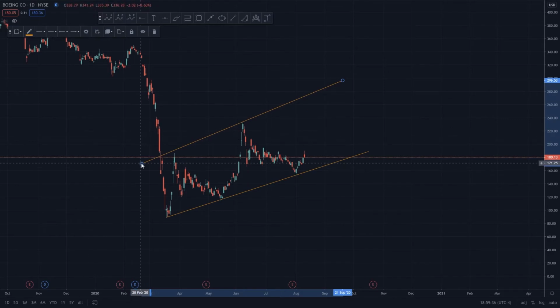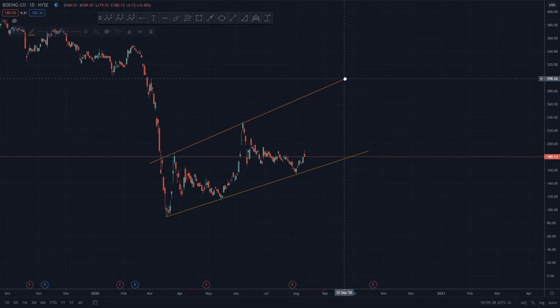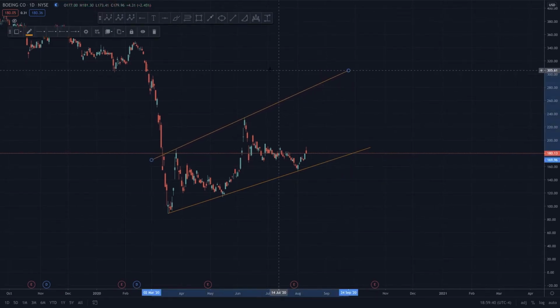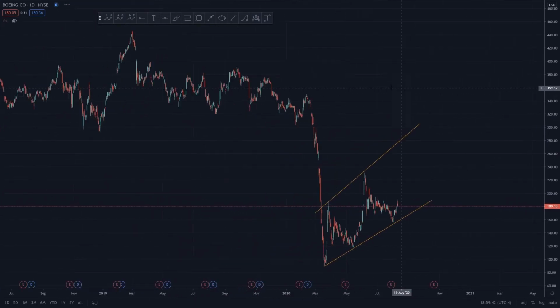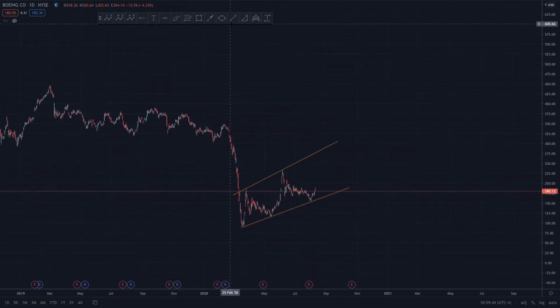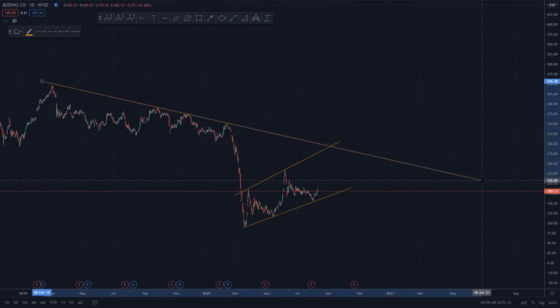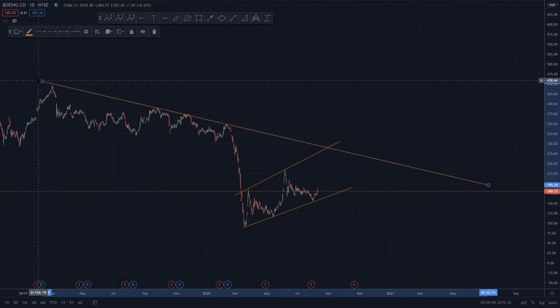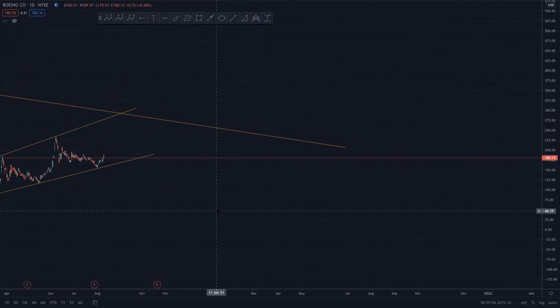Maybe it's better to do it like this, connect those two right there. It's kind of like a megaphone pattern. And I was also looking at a trend line from this top here, big one like that. I'm just being a little messy with it just because it's for this video.